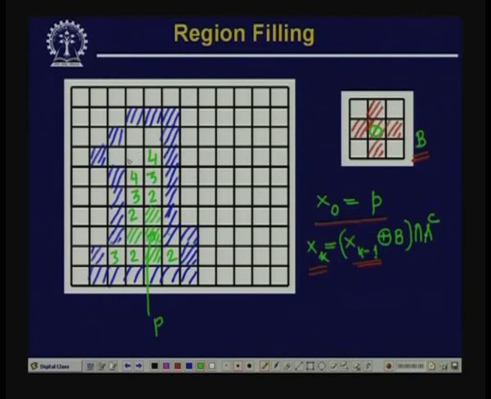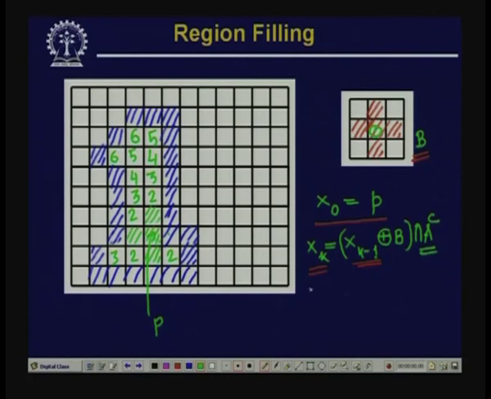These are the points which will be made equal to 1 after the fifth iteration and performing this intersection operation, and these are the points which will be made equal to 1 after the sixth iteration and performing this intersection operation. Now, find that once I get this, if I perform further dilation with the same structuring element followed by intersection with A complement, this set is not going to change any further.